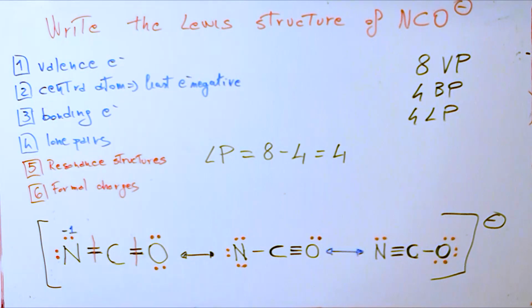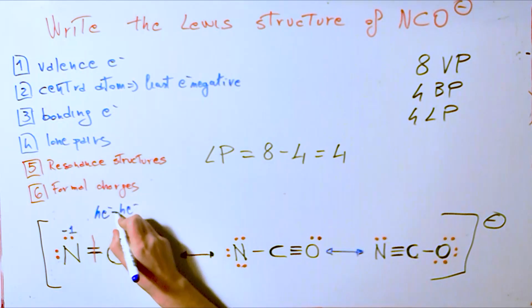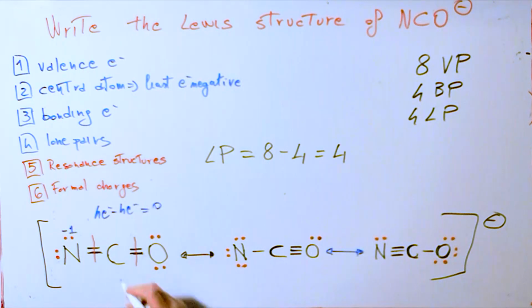Let's repeat the same for carbon. Carbon has around it 1 electron from this bond, 1 from this, 1 from this, 1 from this. In total it is 4 electrons. The valence electrons of carbon are 4, so 4 minus 4 is 0. So the formal charge is 0 on this carbon.